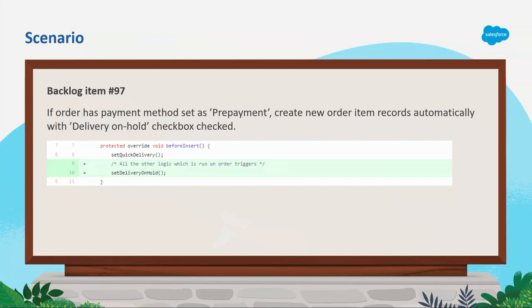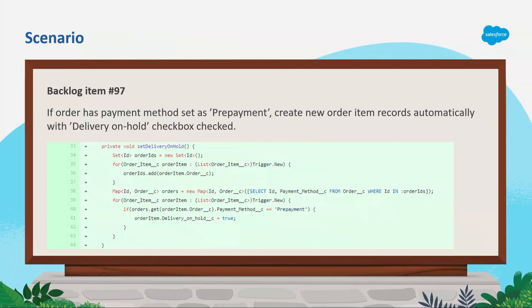And probably the implementation would be so that from the trigger controller or similar, we then call the feature-specific methods from there. And this is the implementation for the feature method itself, pretty similar to the one that we had for the previous feature.